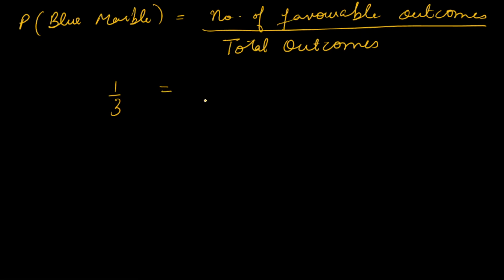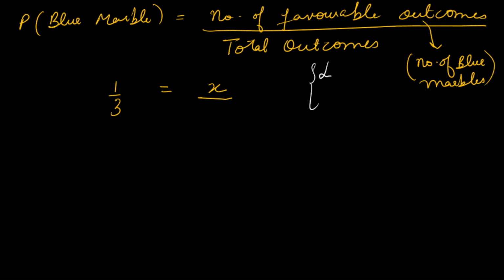Number of favorable outcomes, if I write it as x, because I don't know the number of favorable outcomes here, what does it mean? It means the number of blue marbles. So let the blue marbles be x.